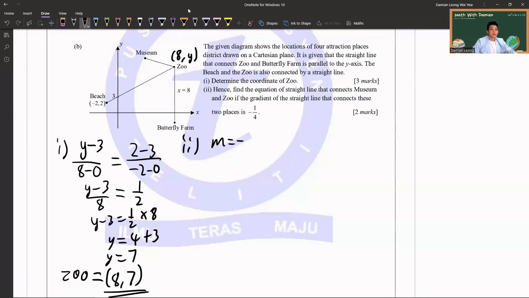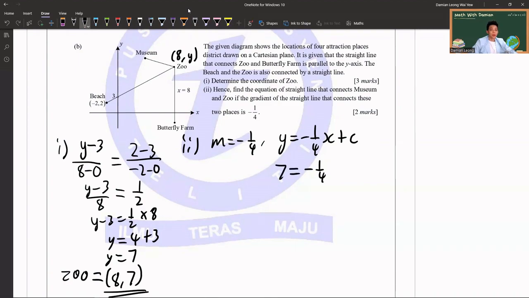So I know gradient -1 over 4. So straight line equation always y equals mx plus c. I just need to find the c. So I can find the c since I know it passes through the zoo. I can use the coordinates of the zoo to sub into the equation and find c.